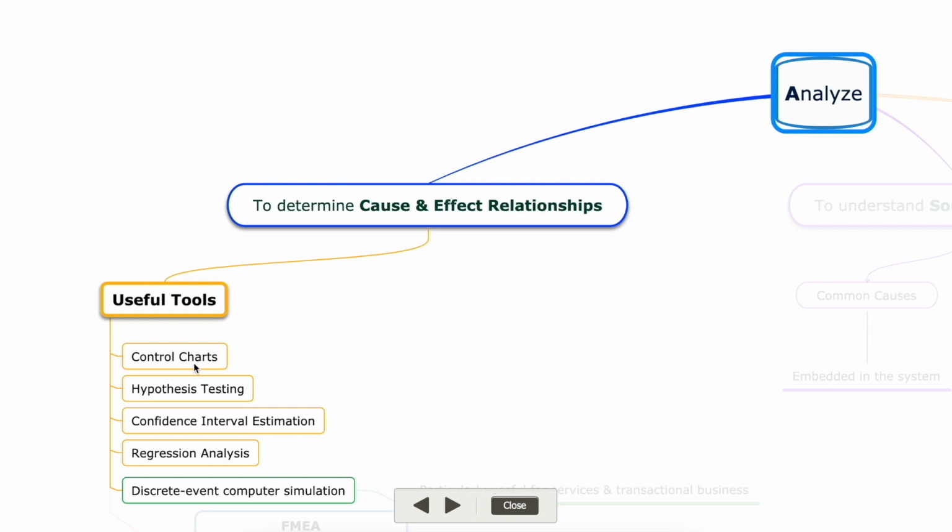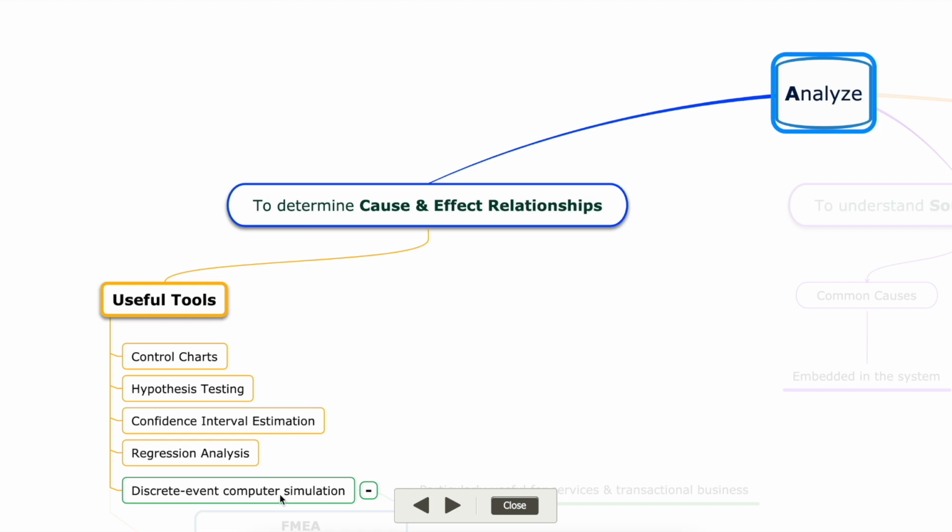You have already got a little bit of introduction about control charts, and in further lectures we will study hypothesis testing, confidence interval, and regression analysis also. And these discrete event computer simulations are typically used for services businesses and transactional businesses more than the manufacturing businesses.